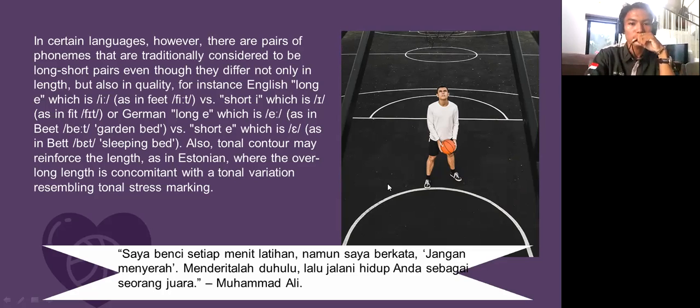And also in tone, a tonal counter may reinforce the length as in Estonian, where the other long leg is concomitant with a tonal variation resembling a tonal stress marking.